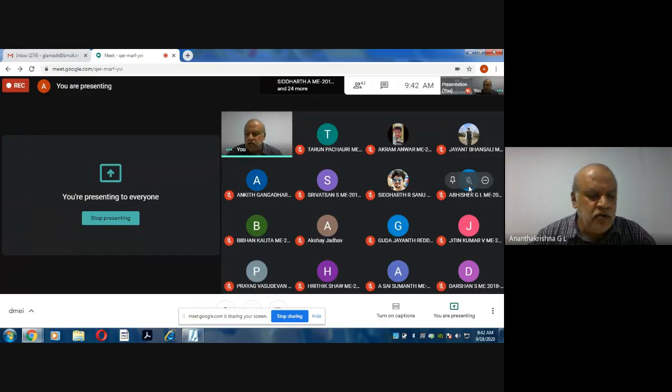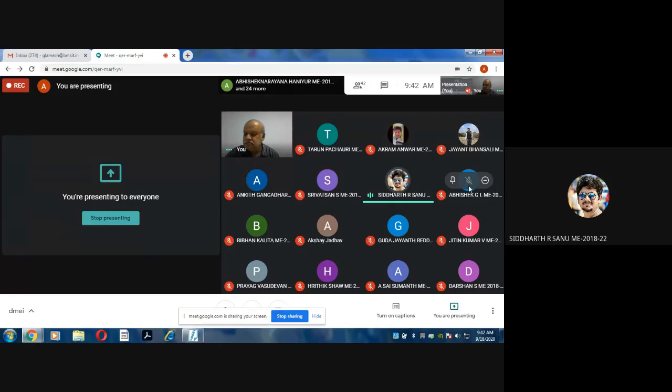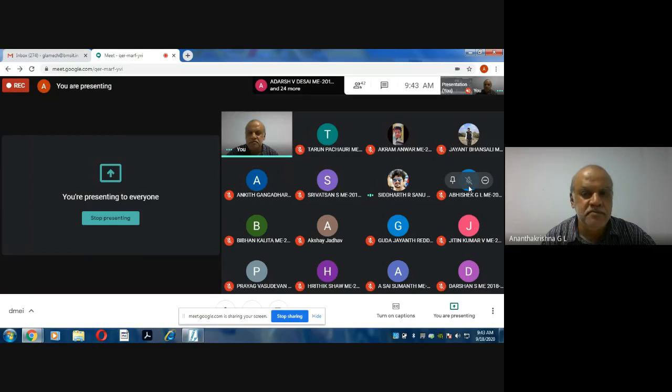What is the percentage of carbon in C40? 0.35 to 0.45. What is the average? The average is 0.4. So C40 is nothing but 0.4% carbon.